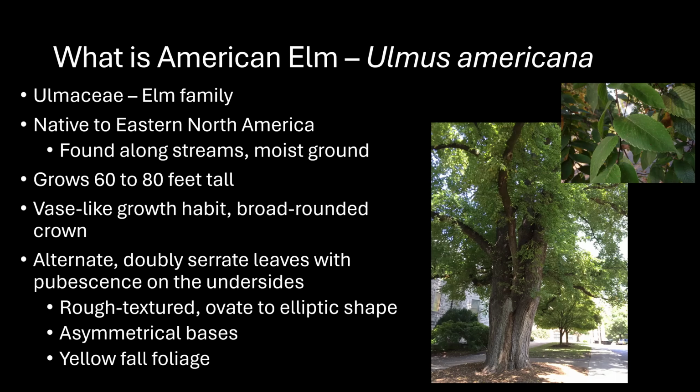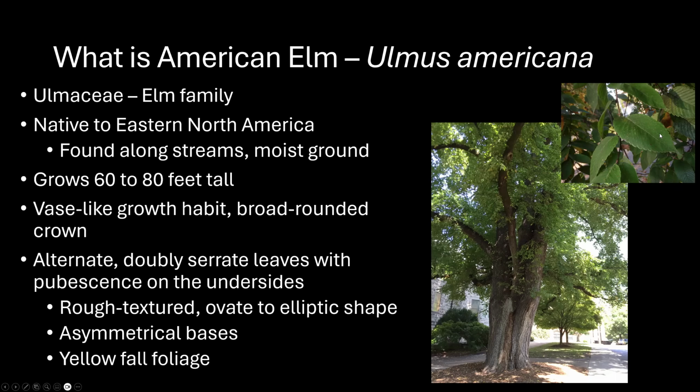Now, the nice thing with elm leaves is they're pretty easy to identify. It's an alternate leaf arrangement with leaves that have this double serration. That double serration is along the edges, along the margins, and you can see with this close up of the smaller picture, it looks like it has a bunch of little pointed teeth on the edges.